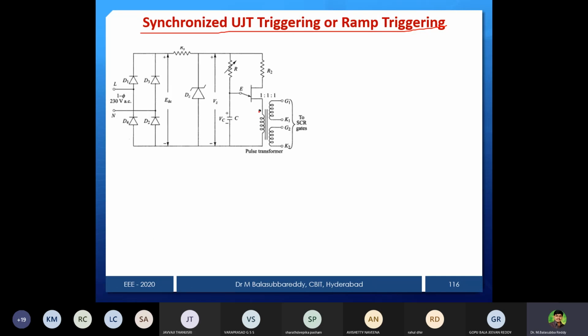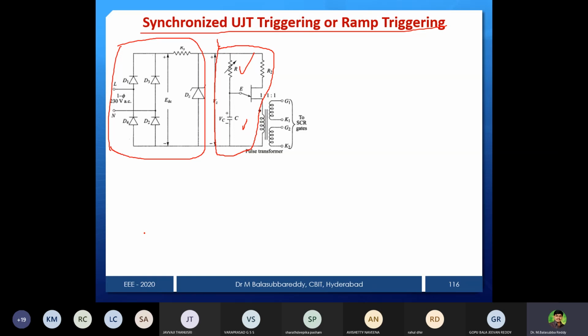Now we can see this circuit modification. We can notice this portion is as usual. You can remember the previous circuit and this circuit. Again we used the UJT, the resistor, a variable resistor, and a capacitor. The only thing is this additional portion.